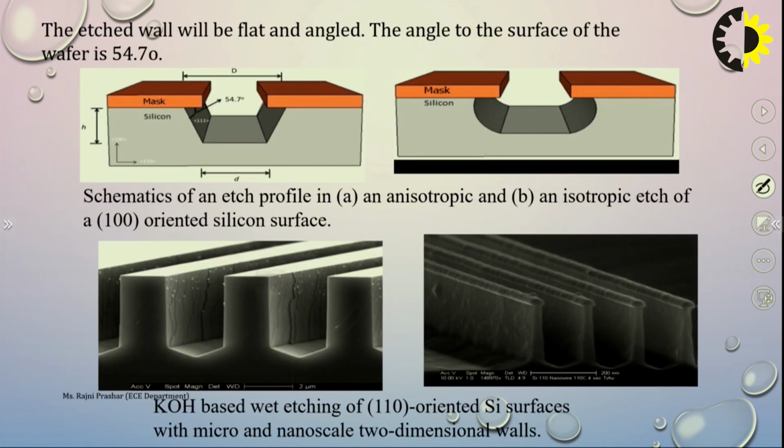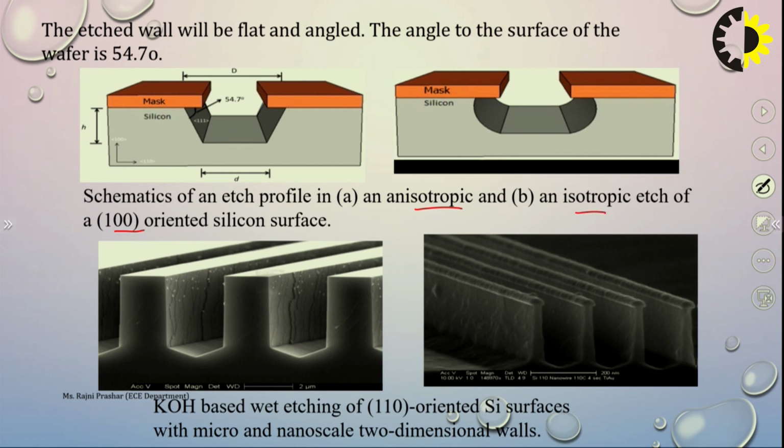So here we can see that when you have some different orientation, this is the profile for 100 orientation when we have the anisotropic and isotropic etching profile, right?